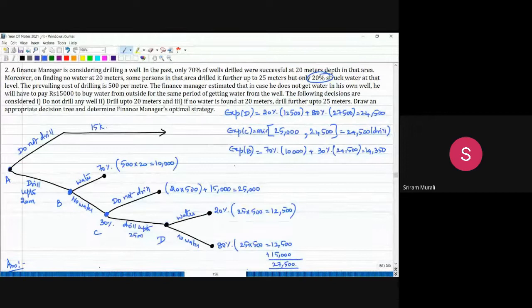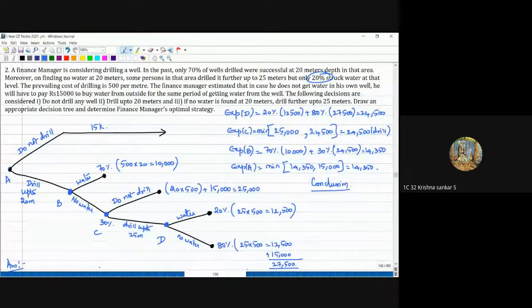At A, expected value at A. What should I do? Take the minimum of 14,350 or 15,000. If I don't drill, it is 15,000. If I drill, it is 14,350. So the minimum will be 14,350. So what is the conclusion? If you drill more, you spend more.